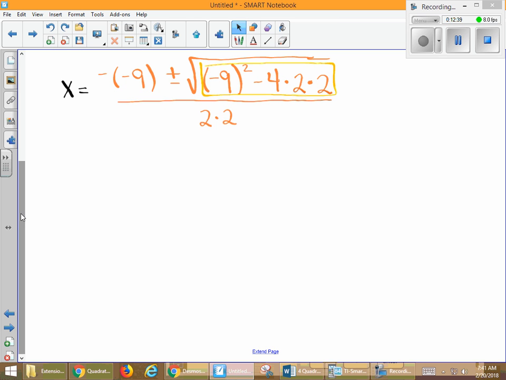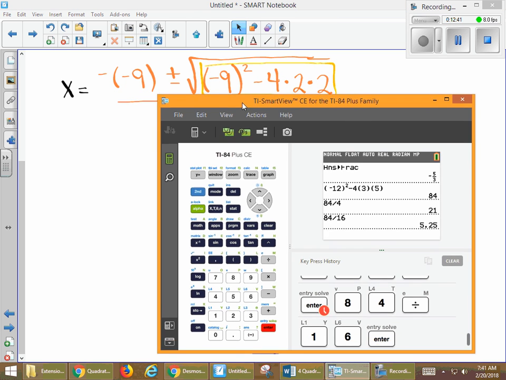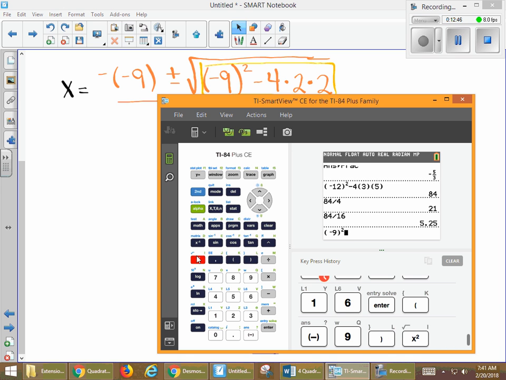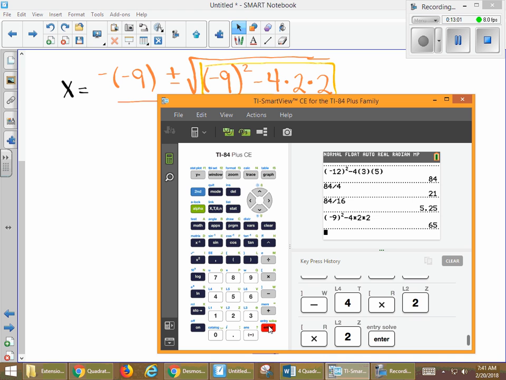Pull a little bit so you can see both of these. -9 squared minus 4 times 2 times 2. And we're not putting in the square root, we're not putting in the 9 out front, or the divide sign, just what's under that square root. And that is 65.